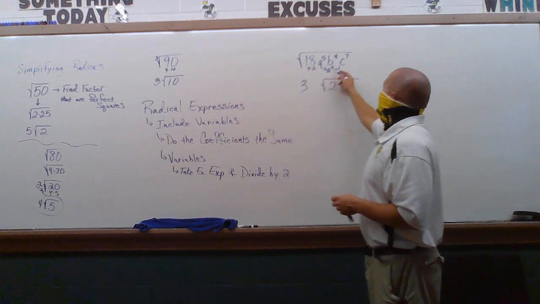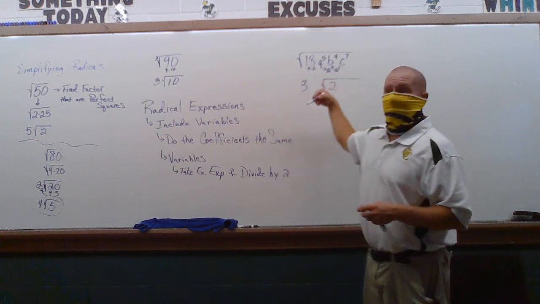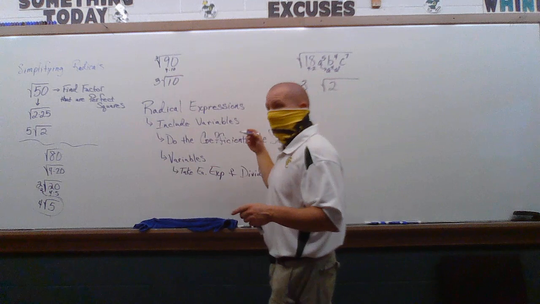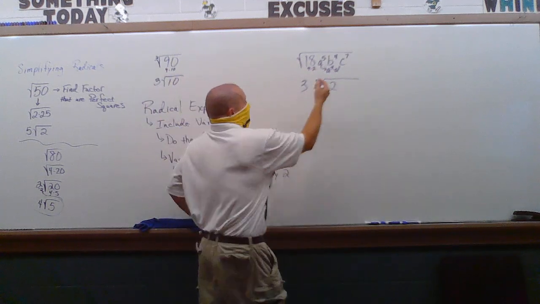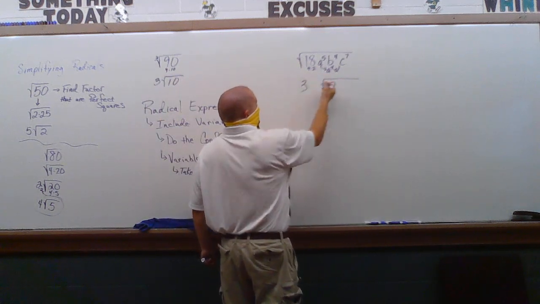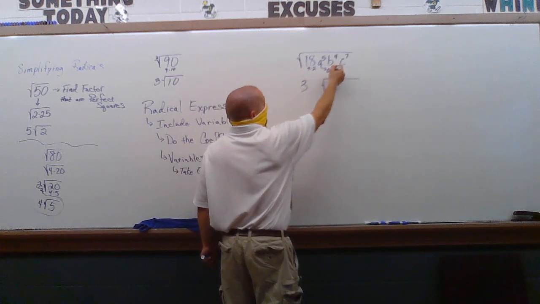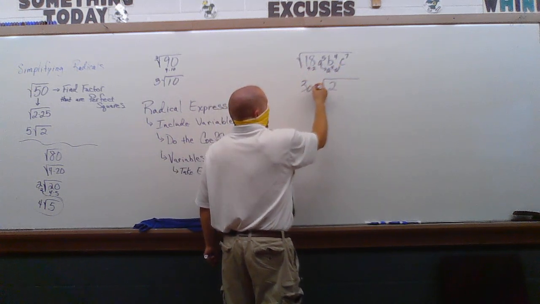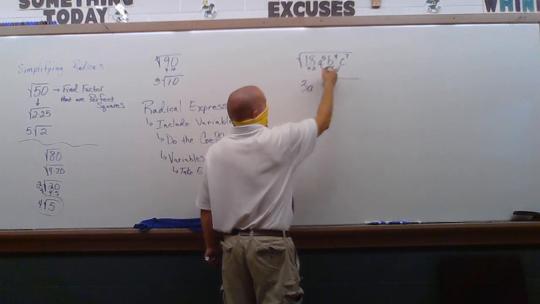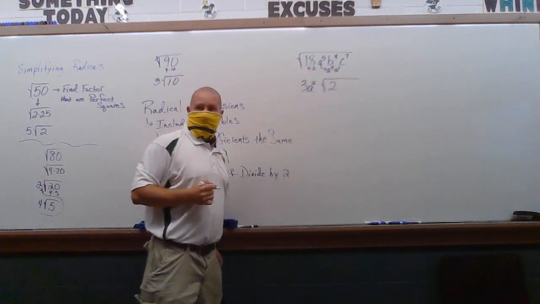Okay, so a to the 4th, if I take 4 divided by 2, how many times did you say that was? 2. Just like when I did my 9, when I take the square root of it, my answer went to the outside. The same thing happens with my variables. So 4 goes into a squared.